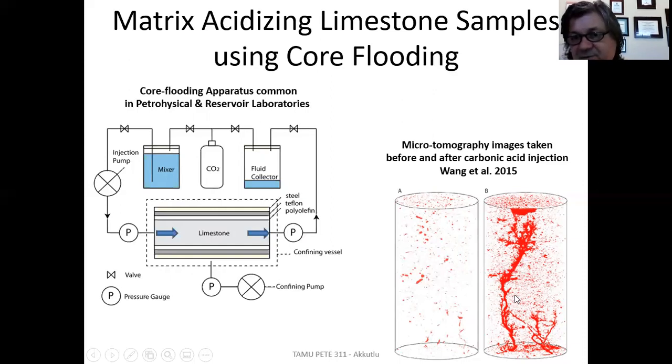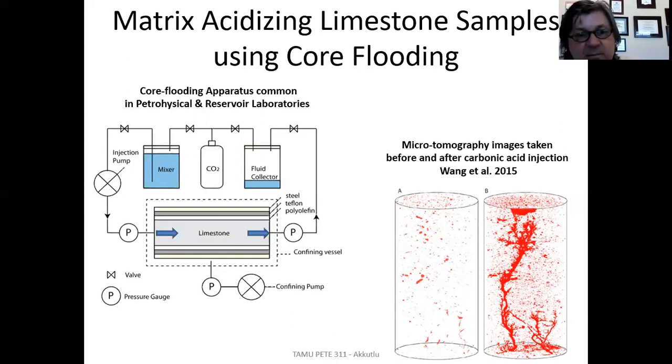You flush the matrix with acid, so the injected solution went and created these wormholes, in a sense. Here, acid is actually interacting with the matrix, eating up the matrix and creating new flow paths and more porosity. These kinds of features are desired during production because they're going to enhance our production.